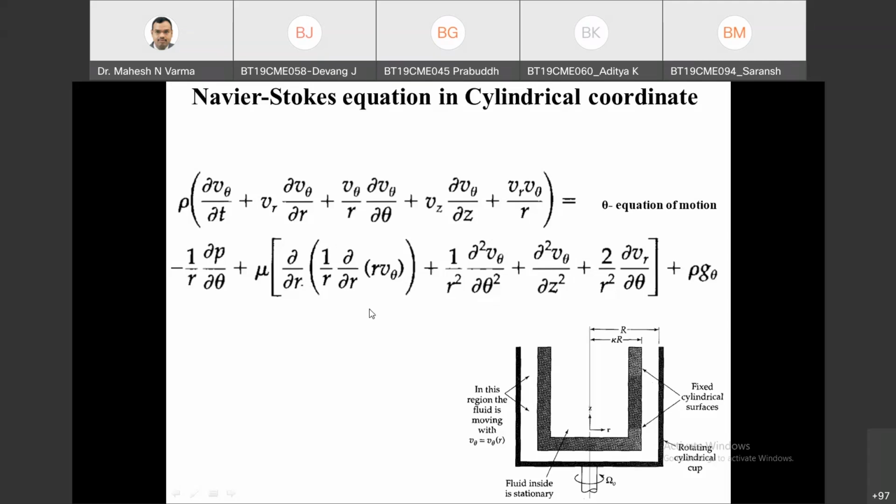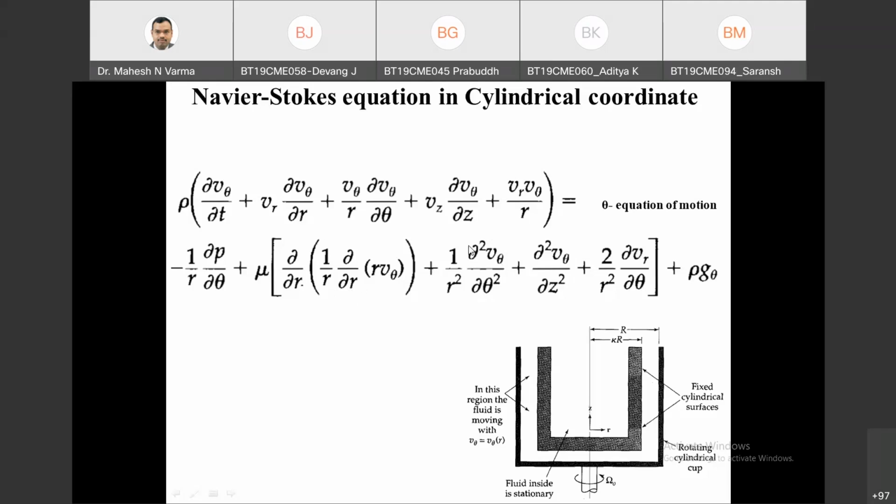How about this? Sir, I think it should be non-zero. Why? Sir, V theta will vary in r direction, so del V theta by del r. First of all, V theta is non-zero and V theta is a function of r, hence this is non-zero. How about this term?